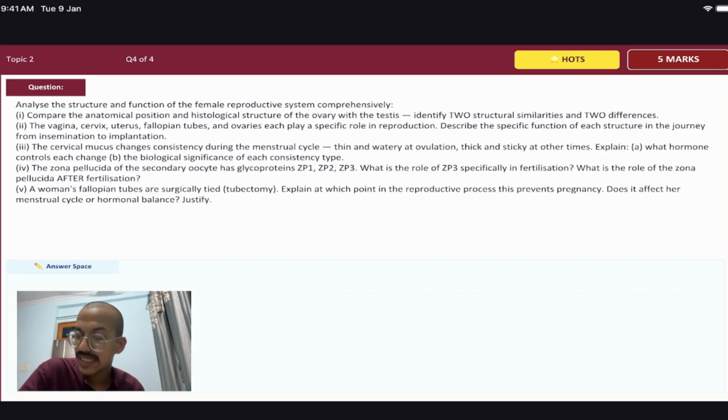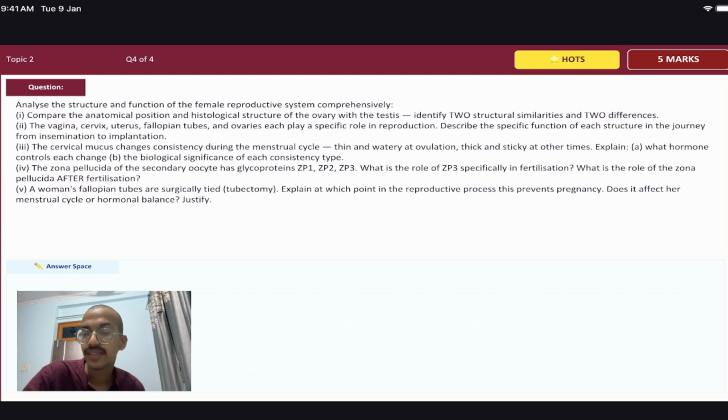Histologically, there are mother cells, like oogonia or spermatogonia, which will change into haploid cells. So this is one histological similarity.